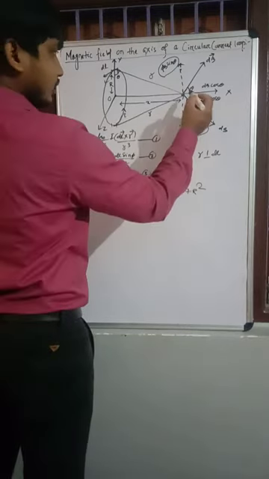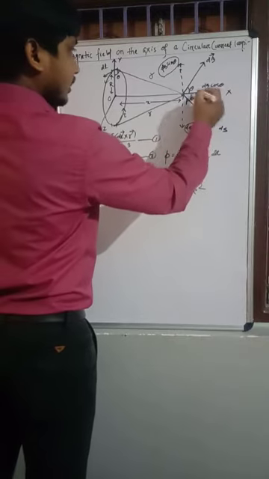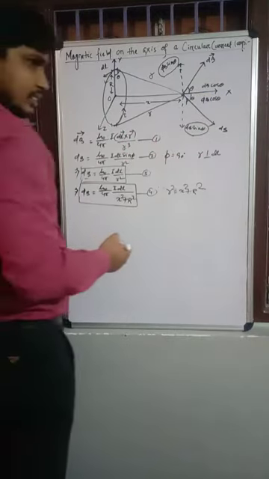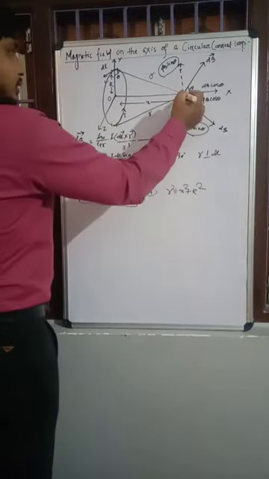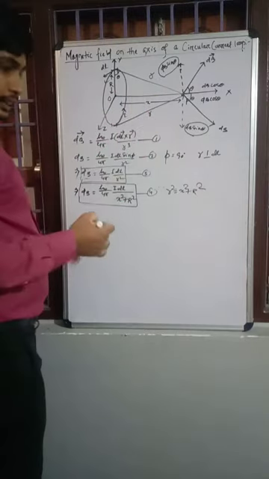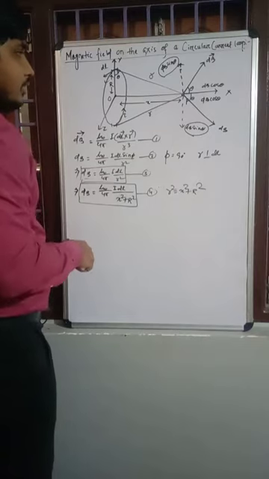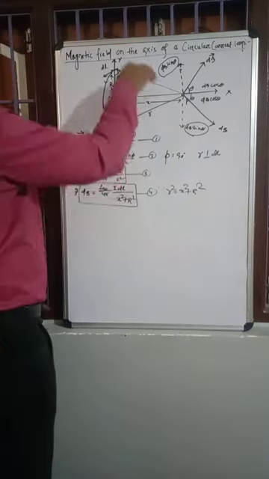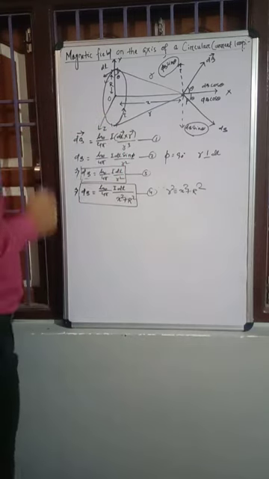But you can see that the direction of this dB cos theta for all the cases is along the x-axis, the same direction. Hence, the magnetic field at this point P due to the entire loop will be the sum of the dB cos theta terms. If you sum all over this dB cos theta, then you will get the net magnetic field.